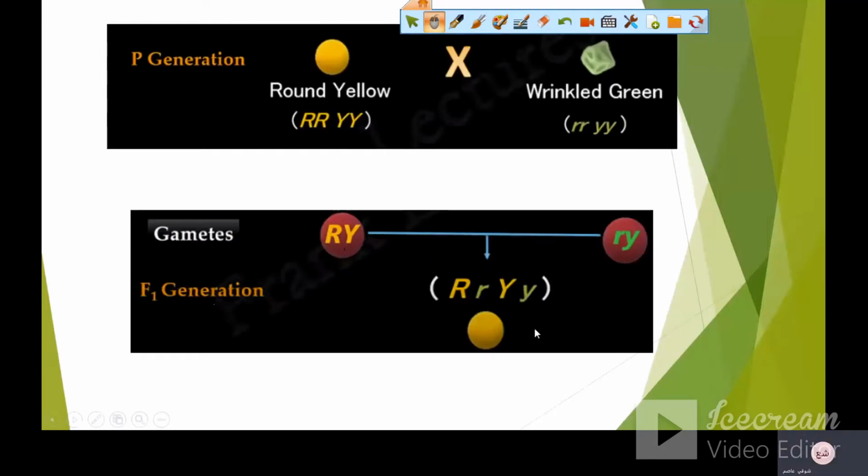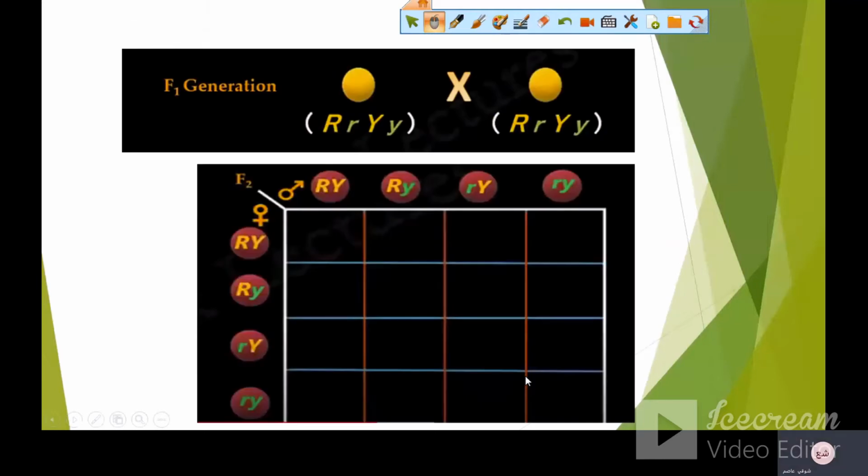What will happen if the first generation is crossed with R capital, R small, Y capital, Y small? What will be the result?